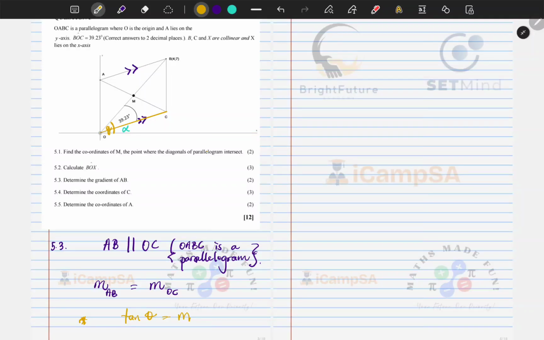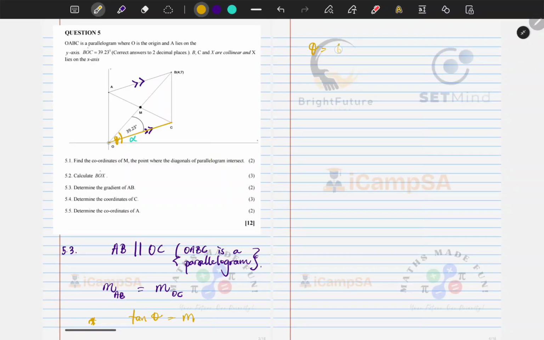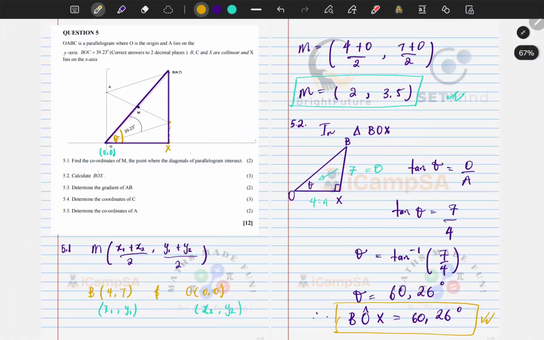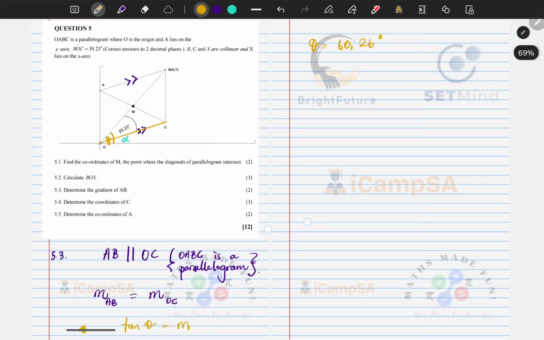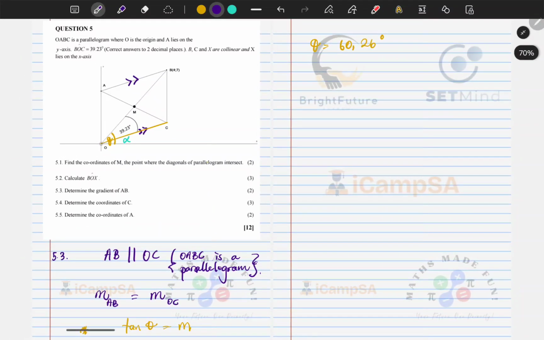And we said theta is equal to 60.26 degrees, if I'm not mistaken. Yeah, it's 60.26. So we need alpha. So remember, your theta is going to be alpha plus 39.23.